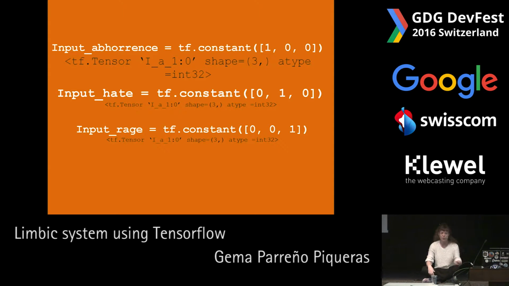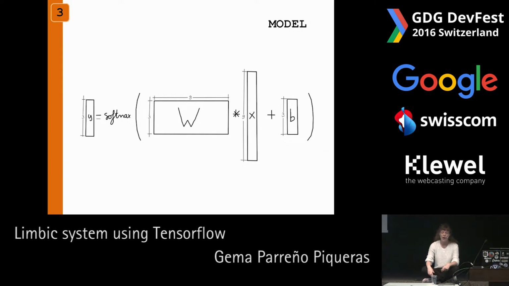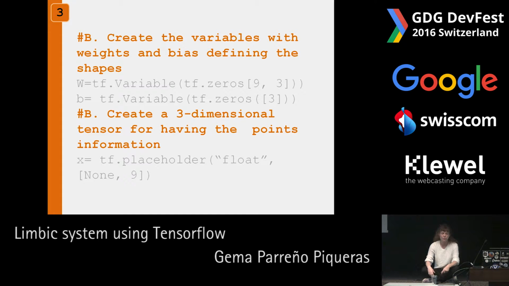What I can say of this: if I'm seeing input abhorrence, that means I'm weighting that person's words on Twitter, and then I get a weight into their abhorrence, their hate, or their rage. Here is the mathematical model Michaela told you about for the classification.